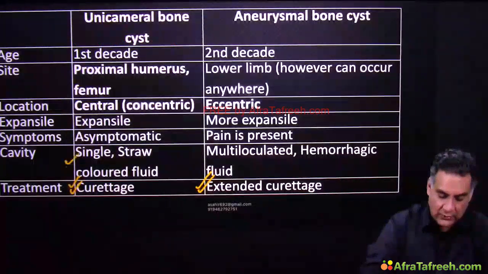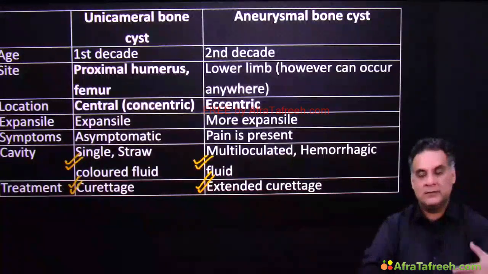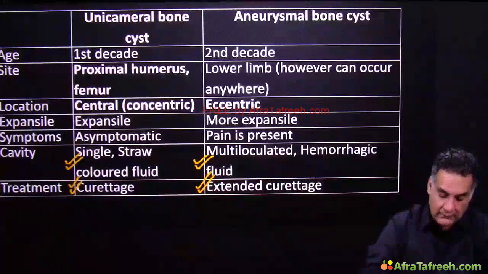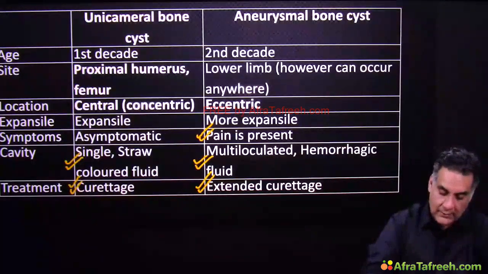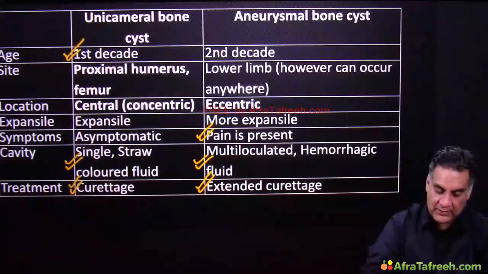UBC has a straw colored fluid, single cavity. ABC, aneurysmal, so hemorrhagic fluid. Both have pain, but ABC can have more pain and UBC can be asymptomatic. UBC first decade, ABC second decade. Humerus, tibia.